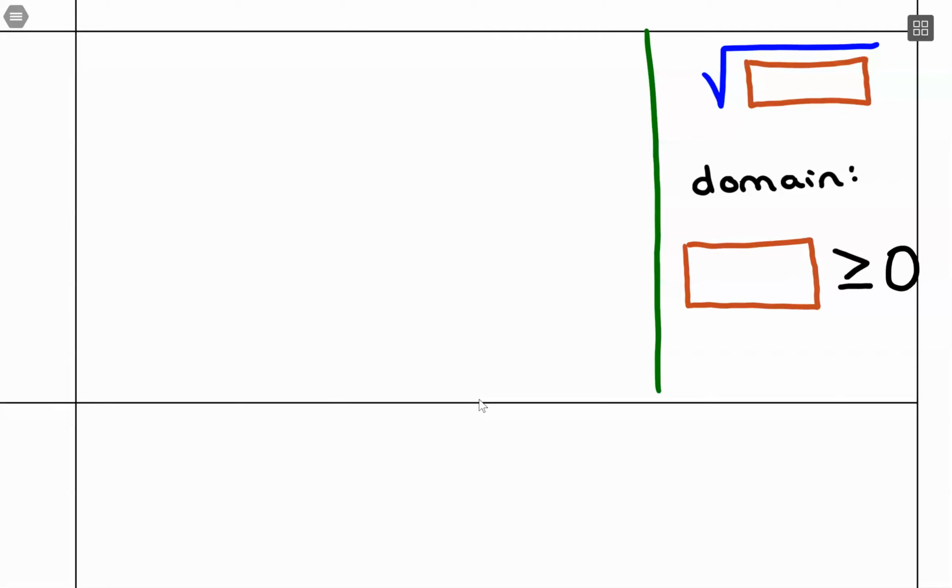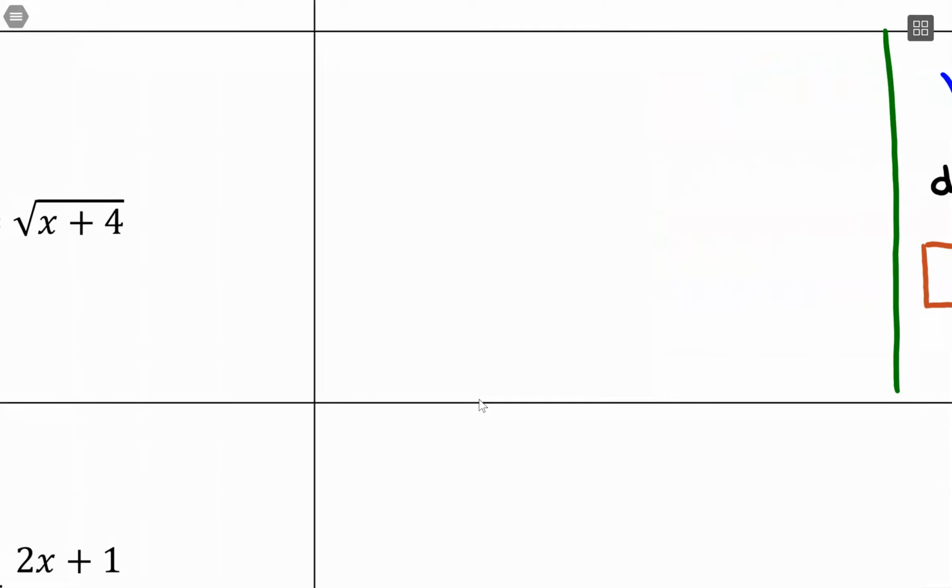So in terms of setting up domain, I can solve for what we can have underneath the square root. We take whatever's underneath the square root and say it has to be more than or equal to 0. It has to be a positive number, or we can take the square root of 0 and that's fine.